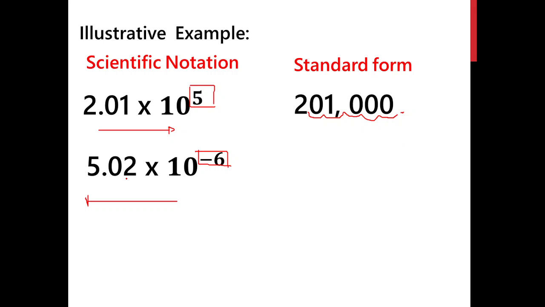Next, here. Since this is a negative, you need to move this decimal going to the left, and you'll have your answer as this one. So copy the entire number, and since your decimal is here, and your exponent is a negative, you need to move this one going to the left 6 times. 1, 2, 3, 4, 5, 6, and then just add zeros on the empty spaces.